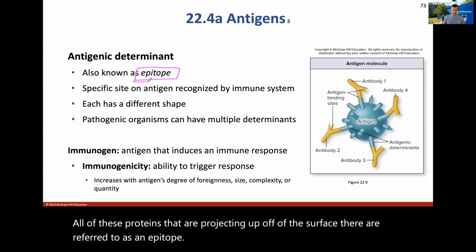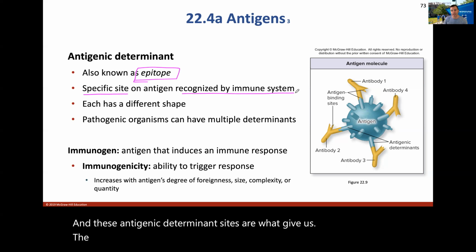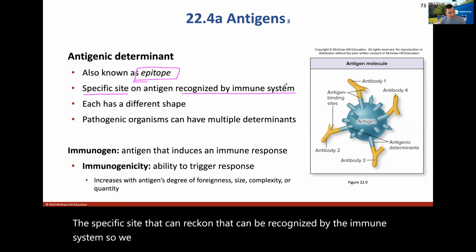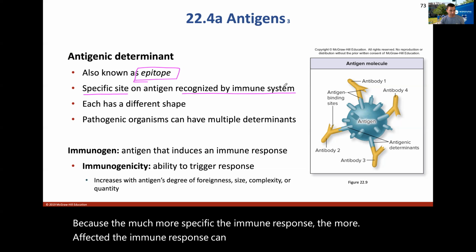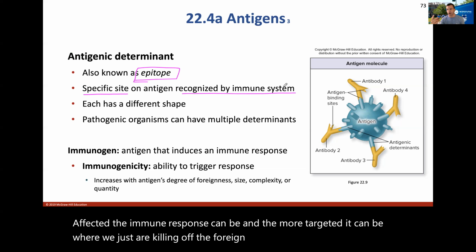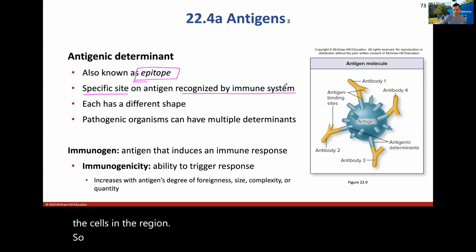And these antigenic determinant sites are what give us the specific site that can be recognized by the immune system, so we can mount a specific immune response. Because the more specific the immune response, the more effective and the more targeted it can be, where we are just killing off the foreign invader and not necessarily all of the cells in the region. So it does give us some specificity in that regard.